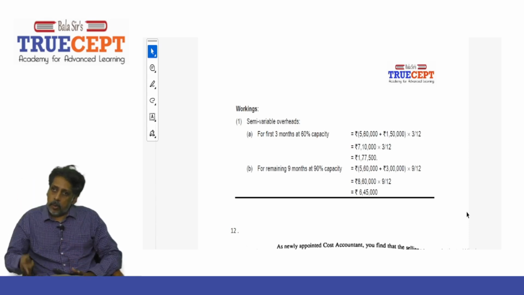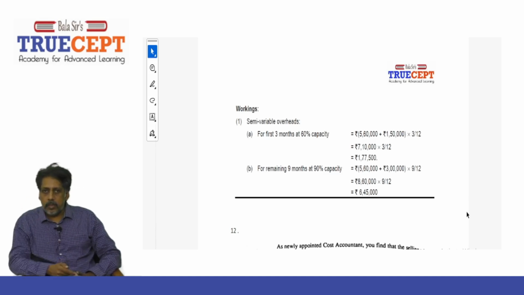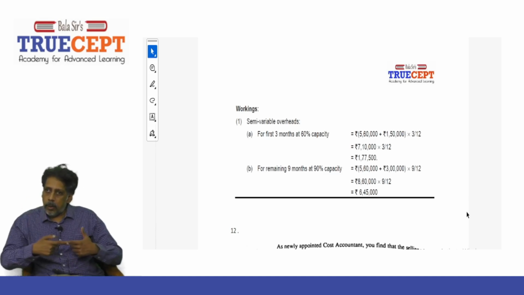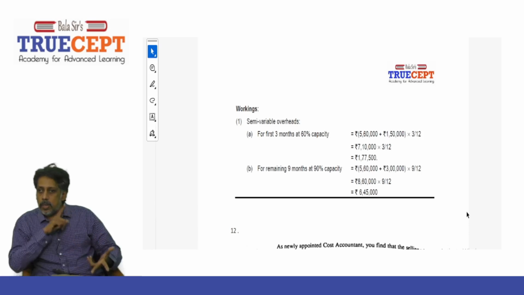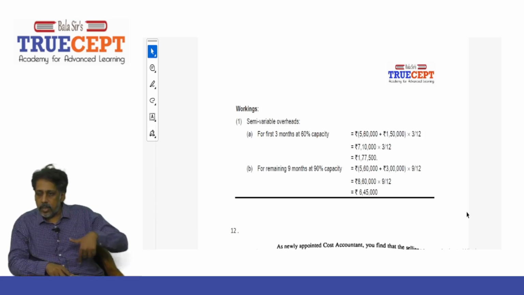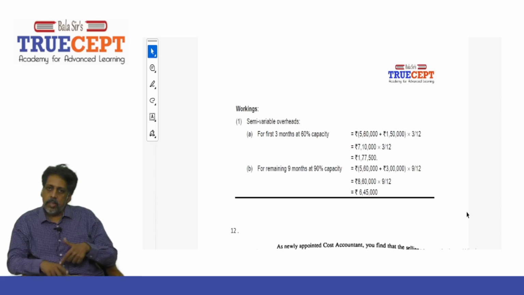What about the next 9 months? We are planning to work at what rate? 90%. At 90% of capacity, where does 90% come? Above 75%, right? Therefore, there will be another 1,50,000 increase in overheads. It will be 5,60,000 plus 3 lakh, 1,50,000 and another 1,50,000. In all, 3 lakh.